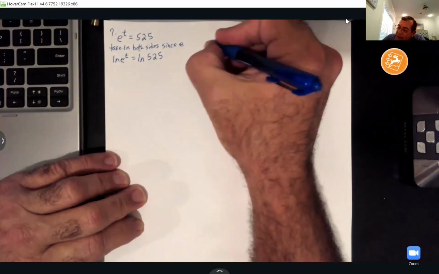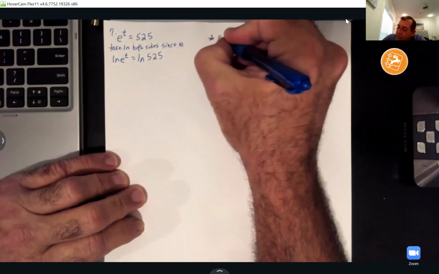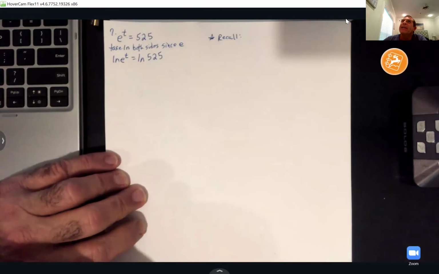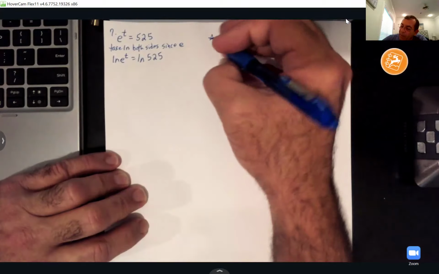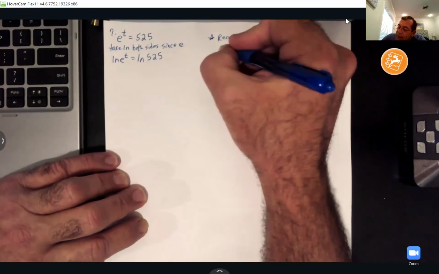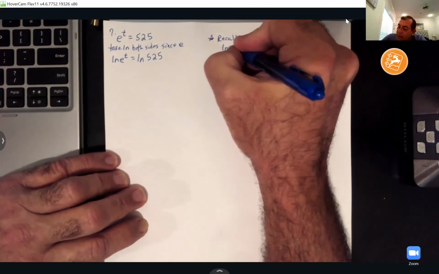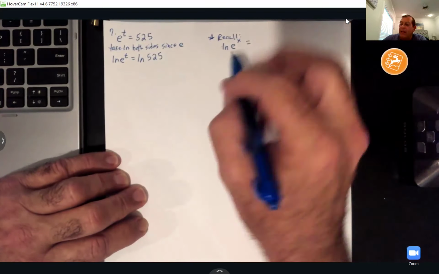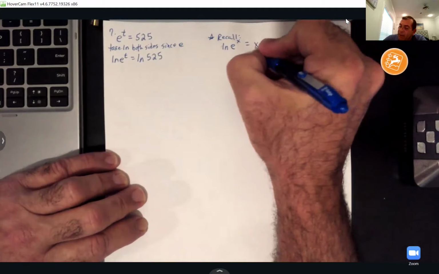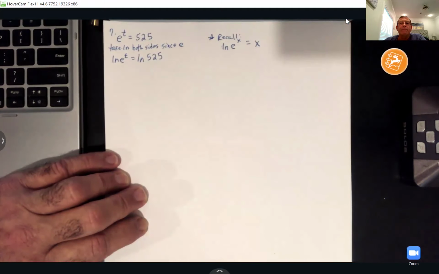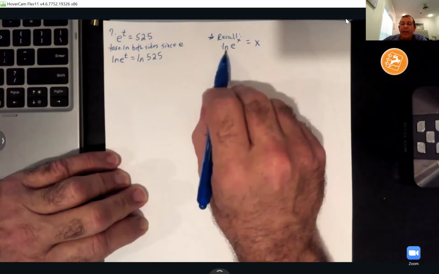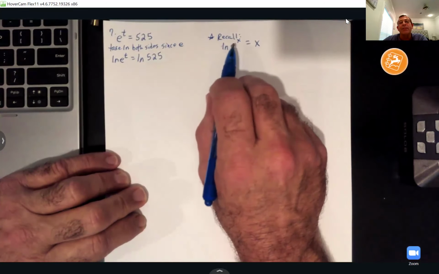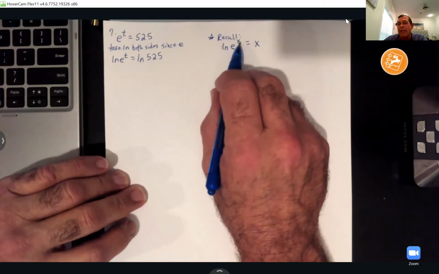Well, here's something you got to recall for this one. And this would have came from section 9.3. But the ln of e to any exponent is the exponent. Because remember, ln is really a log base e. So you got a base that matches the base of the result to an exponent.